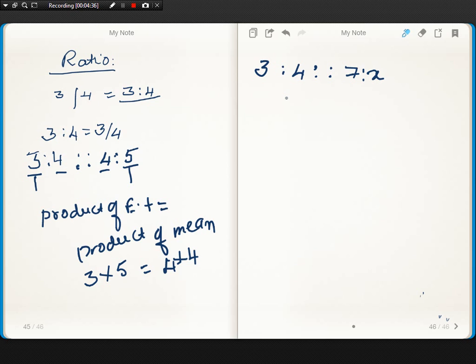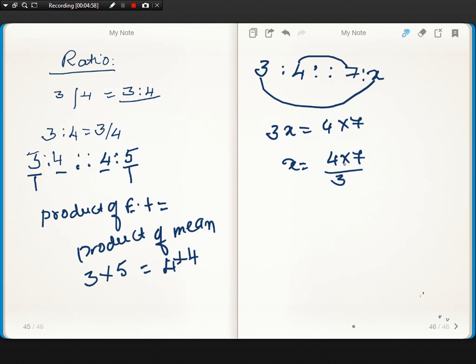To find x, see here, the product of the extremes is equal to the product of the means. So 3x is equal to 4 into 7, and x is equal to 4 into 7 by 3.